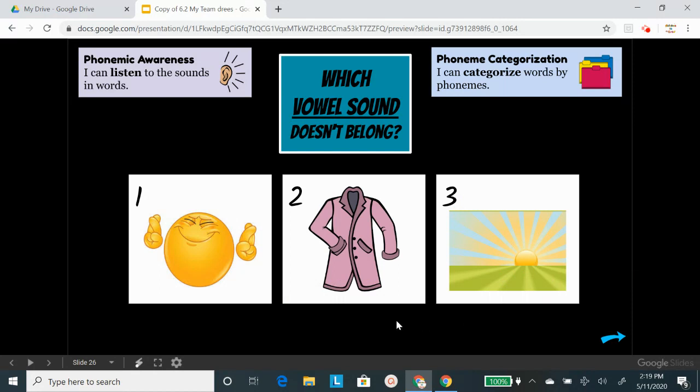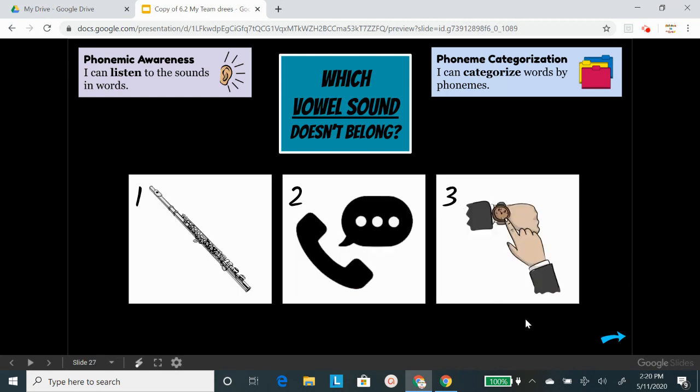How about this one? Hope, coat, dawn. Do you hear the difference? Dawn had ah and these had o. Let's try another one. Flute, call, soon.